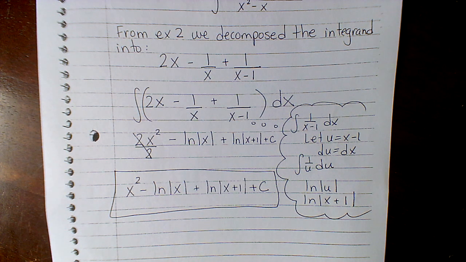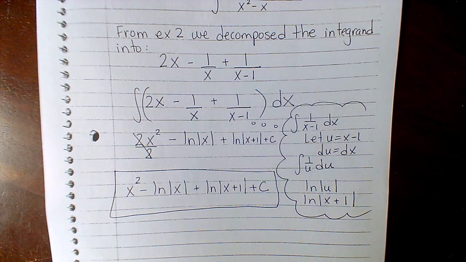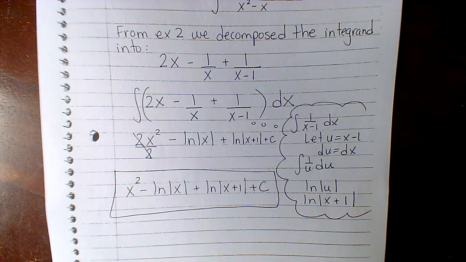Okay, so these first two examples really were on linear factors, what happens when your denominator factors into nice linear factors. Next up is what happens when you have repeated linear factors.